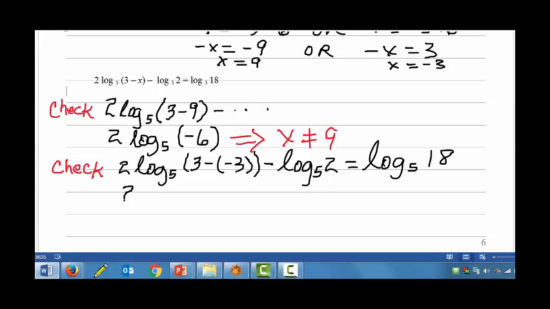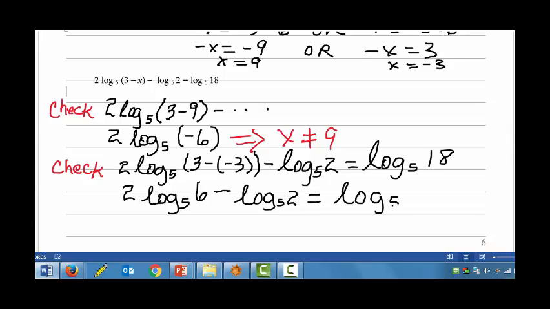So we have 2 times the base 5 log of 6 minus the base 5 log of 2 needs to equal the base 5 log of 18. Well, let's use our power rule, which says 2 times the base 5 log of 6 is the base 5 log of 6 squared.